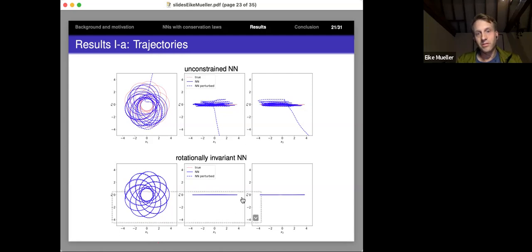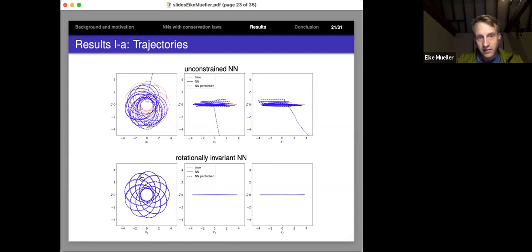So that problem goes away almost completely for the rotationally invariant neural network. You can't even see the true trajectory because it's covered by the predicted one. What I simulated is both a neural network trajectory and the same trajectory with a perturbed initial condition.